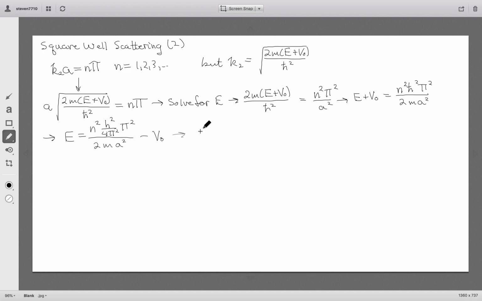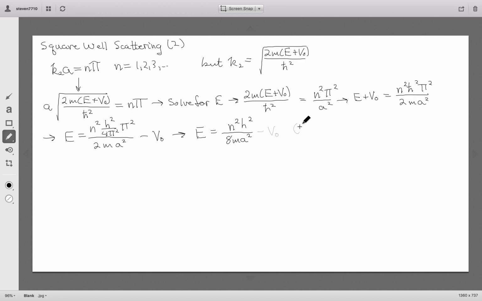Last, the result we have for the energies, and this is when we have perfect transmission. Our energies, well, let's see, the 4 comes down here as an 8, the pi squareds cancel. You get n squared h squared over 8m a squared, which is just like a particle in a box, but minus our V0 value.